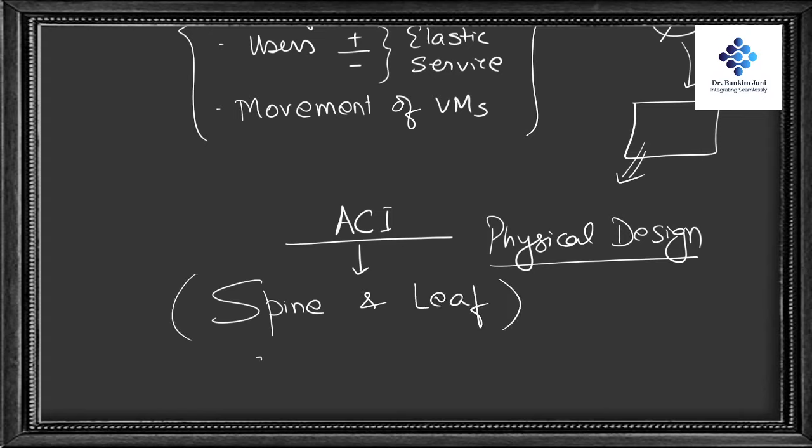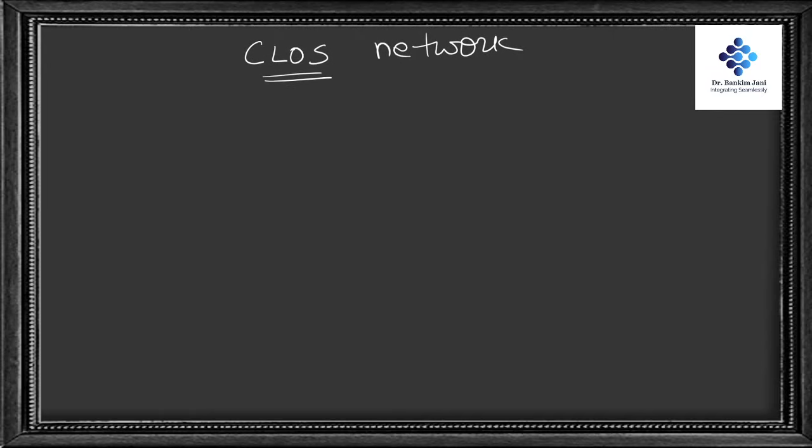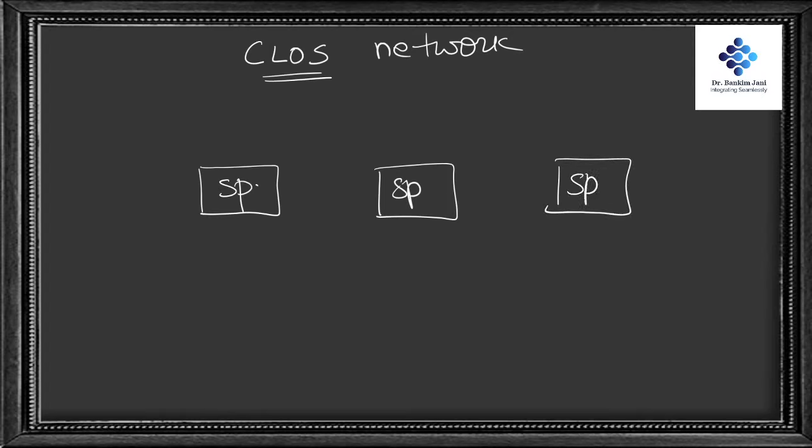It is also called the Clos network. Clos is the name of the person after whom this has been named. So that's what is called the Clos network. What it tells is that this is like a spine switch, right? Spine switch. So let's name them 1, 2, 3.